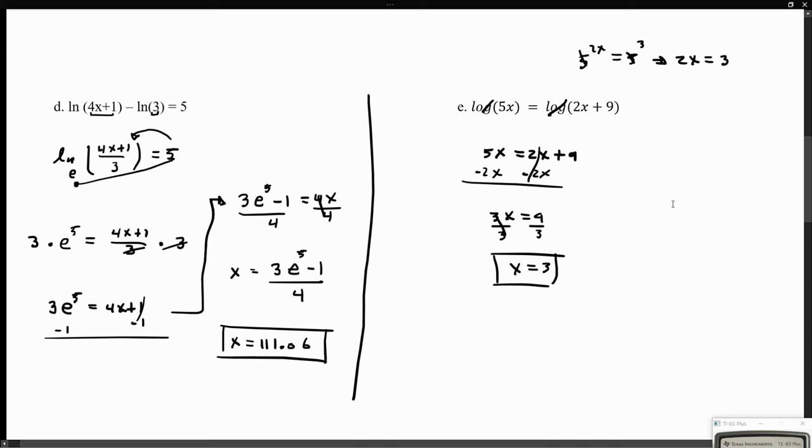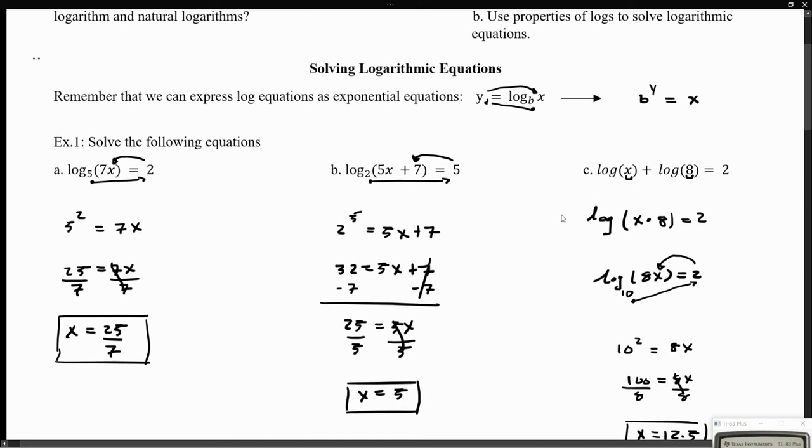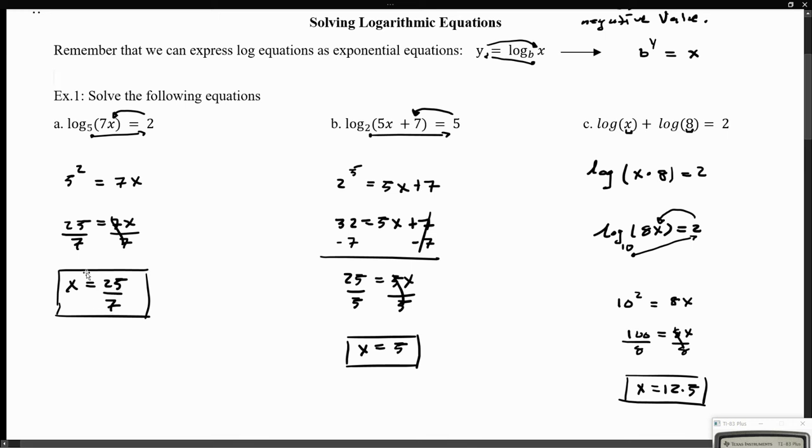But there is one thing that I forgot to mention through all these examples, and that is remember that inside the log, there is no negative value. So whenever we're solving for logs, we have to make sure that if we plug the value we come up with back into the expression, we don't end up with a negative inside the log, which in this case, none of those examples do.